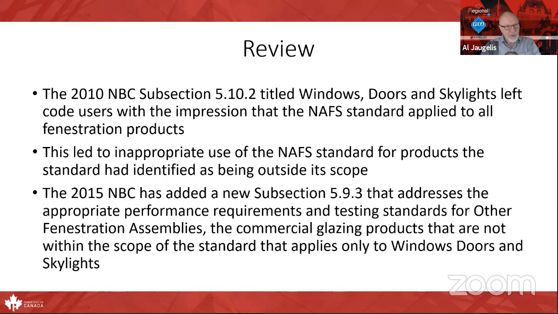The 2015 code has added a new subsection, 593, that addresses the appropriate performance requirements and testing standards for other fenestration assemblies. And those are the commercial glazing products that are not within the scope of the standard that applies only to windows, doors, and skylights.